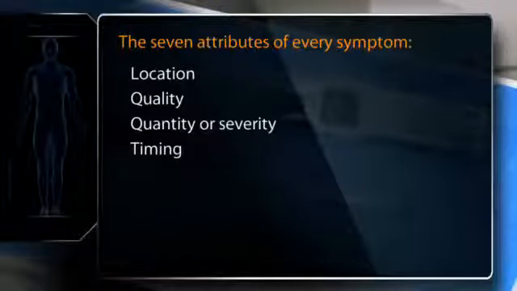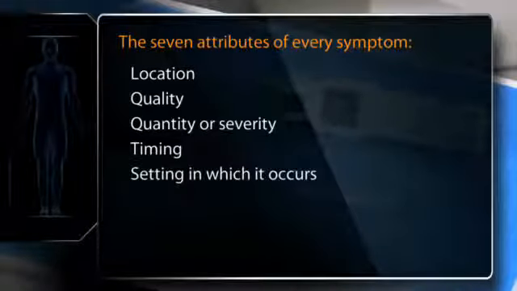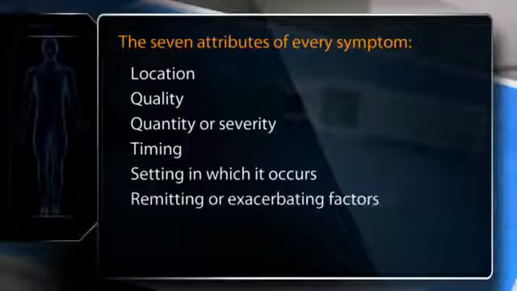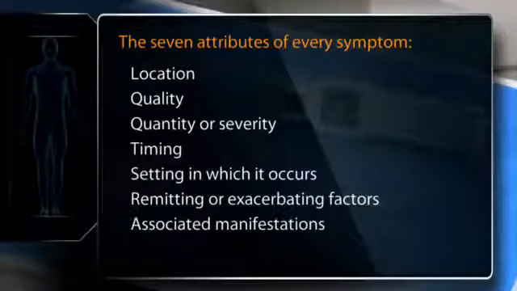Timing, when does it start, how long does it last, and how often does it occur? The setting in which the symptom occurs, that is, environmental factors, personal activities, emotional reactions, or other circumstances that contribute to the pain. Remitting or exacerbating factors. Is there anything that makes it better or worse? And associated manifestations. Has the patient noticed anything else that accompanies it?